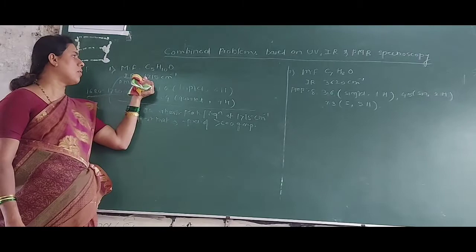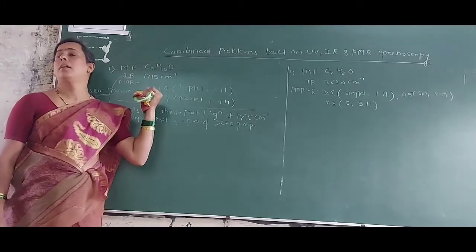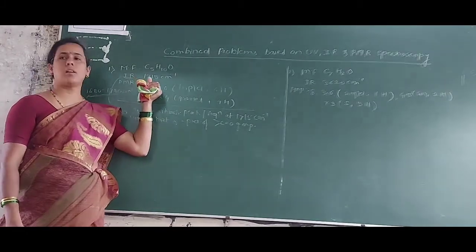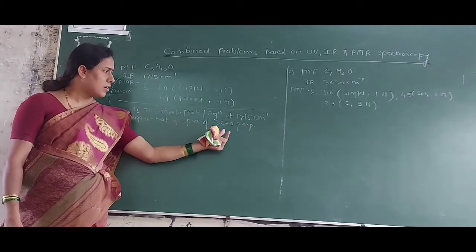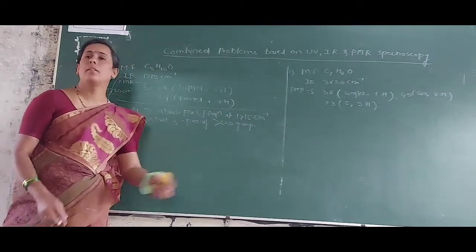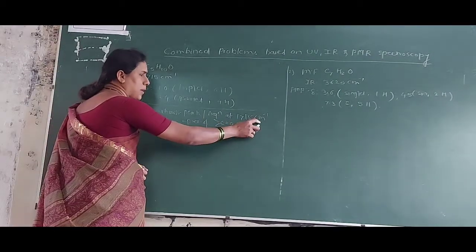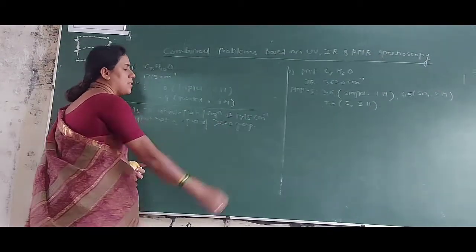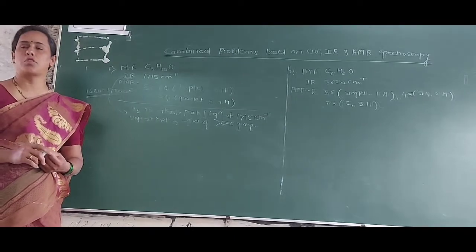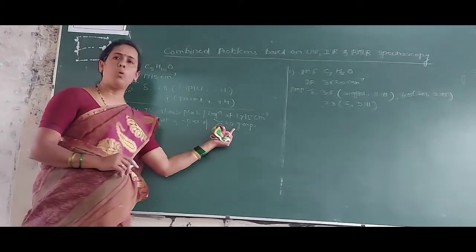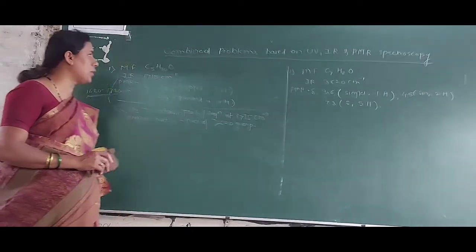That is the general range. Specifically for the carbonyl group, it is 1700 to 1720 centimeter inverse. Our peak is at 1715, so the CO functional group present is the ketonic group.